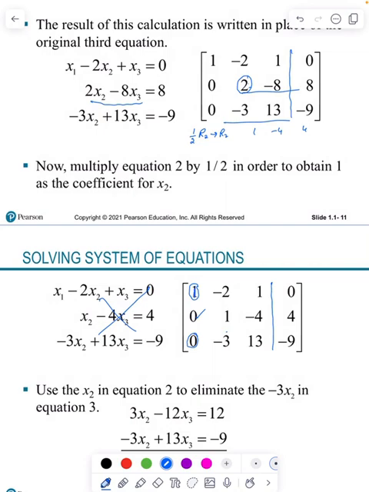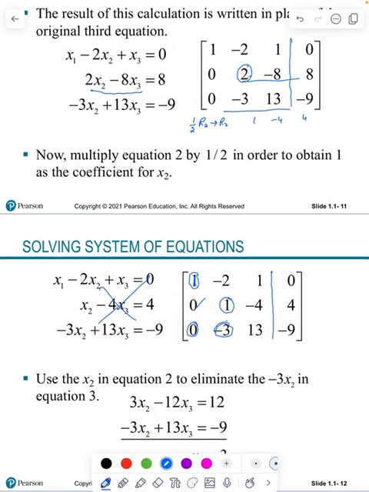So the first thing is to make the first number, in the first row and first column, 1, and then we use that to eliminate the x1 terms below it, or the numbers below it. The next is to make this a 1 and then use it to eliminate the numbers below it or make it 0. So now our job is to make it 0, and to make it 0 we will use the row 2. So how can I do that?